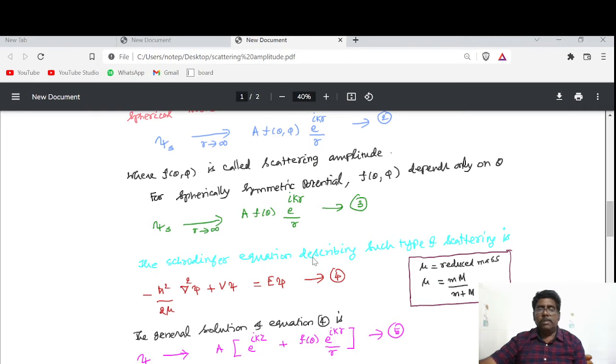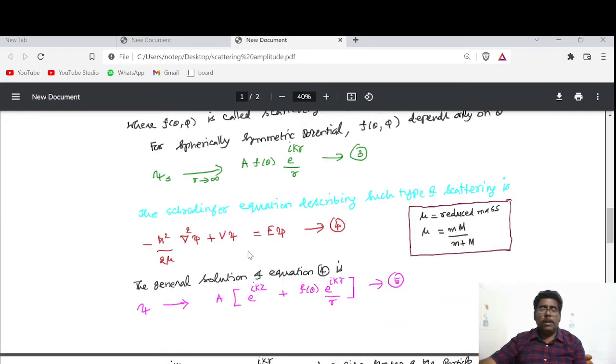Now the Schrodinger equation describing such type of scattering is given by the formula H psi equal to E psi. Here minus h cross squared by 2 mu del square plus V is our Hamiltonian operator. So H psi is equal to E psi. Now we have to write the general solution for this equation using our incoming wave and outgoing wave.